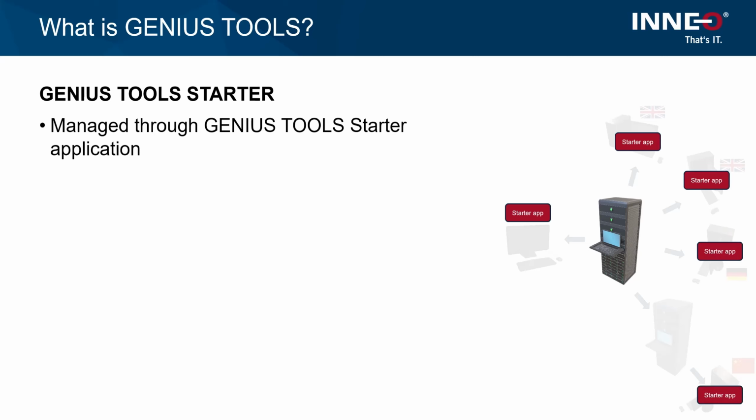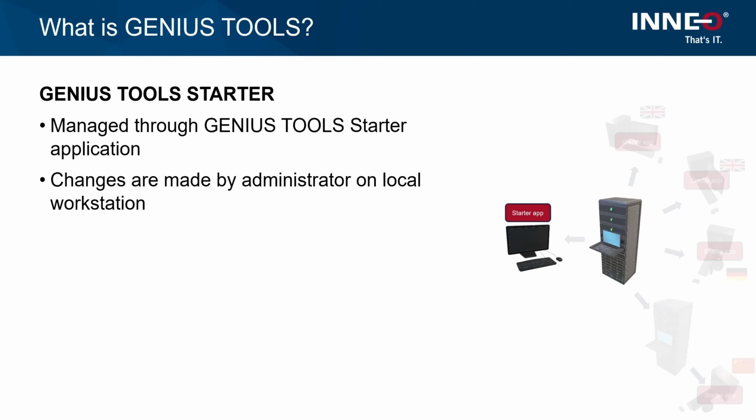So in the GENIUS Tools suite of products, we've got the GENIUS Tool Starter application, and this is a simple application that will access this data and manage it and synchronize it out to all the different workstations. If you need to make a change, you'll have the administrator that's got access, and it will set up all the information the same way as you would have with a normal installation of your network settings.